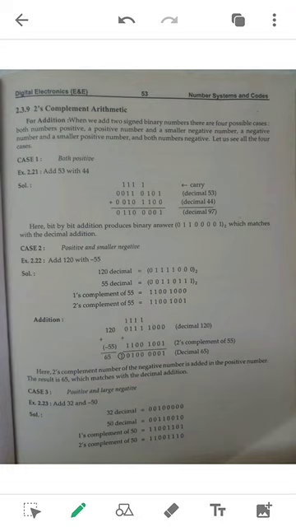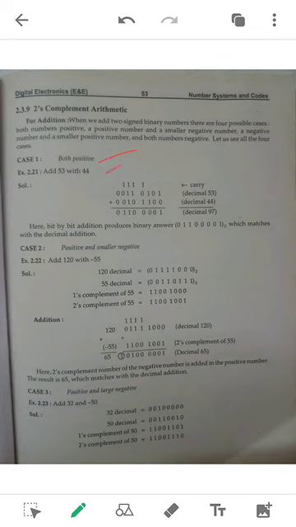For each case of the arithmetic, like 2's complement addition, there are 4 cases based upon the type of number. If both numbers are positive, that is case 1 here. Both are positive. So take the example, add 53 with 44.